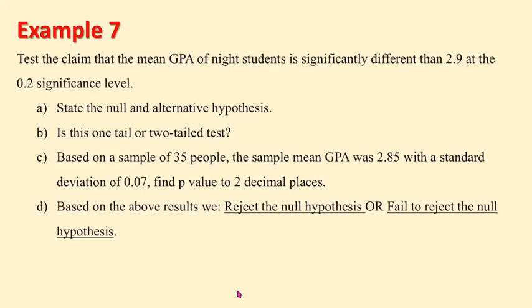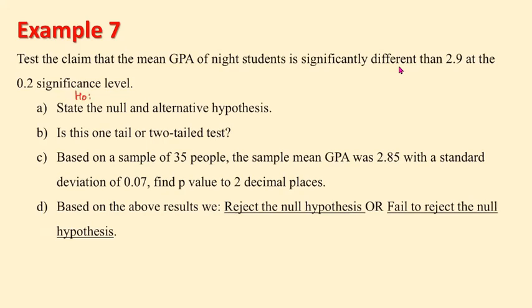Okay, next hypothesis question, number 7. Test the claim that the mean GPA of 90 students is significantly different than 2.9 at 20% significance level. So here we are asked to state the null and alternative hypotheses, and we are talking about different. Different means not equal to, that goes to the alternative hypothesis.